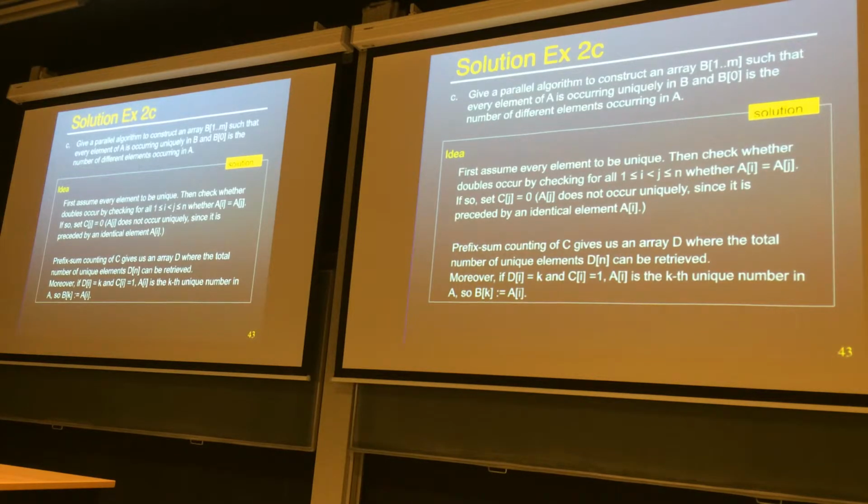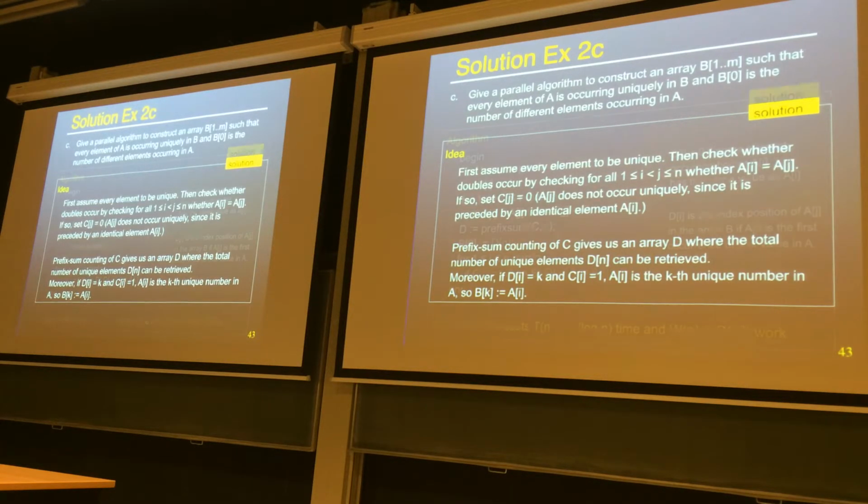It's the total number of ones that appear in C. The total number of ones, of course, you can put into this B0. And if Di equals k, it means that i is the kth unique number. If Ci equals 1, you know that Ai is the kth unique number in A, so Bk equals Ai.